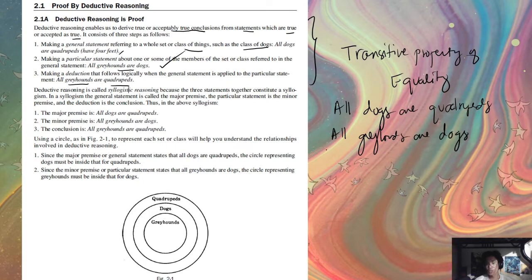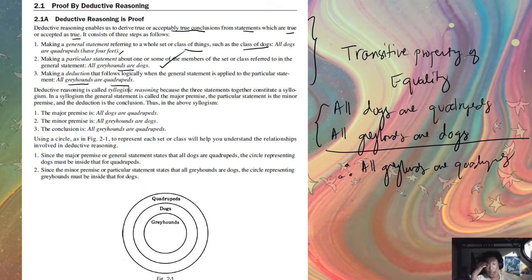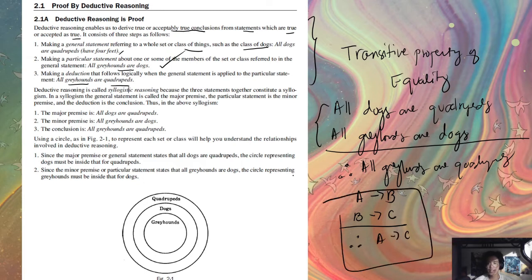Now, it follows logically, we can conclude that all greyhounds are quadrupeds, or all greyhounds have 4 feet, based from the 2 assumptions or presumptions that we have, or the 2 predicate statements that we have. Okay, so for this one, it kind of like says that if A implies B, and B implies C, it could follow that A implies C for this statement.